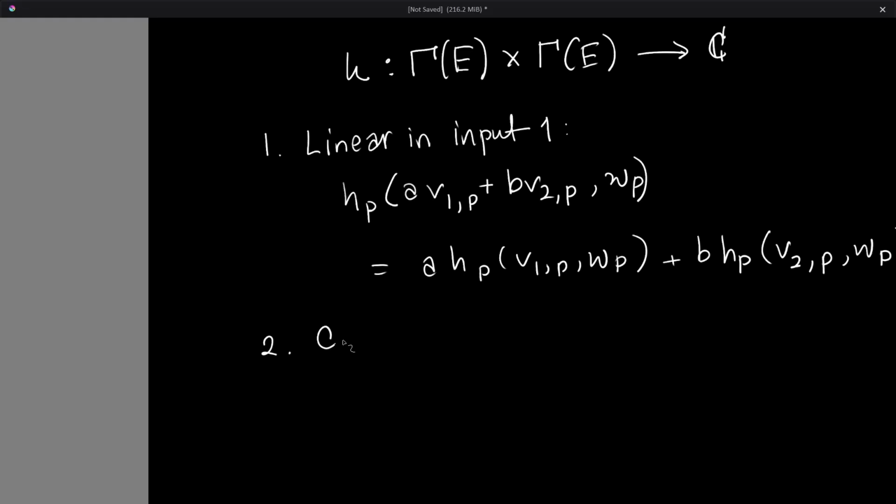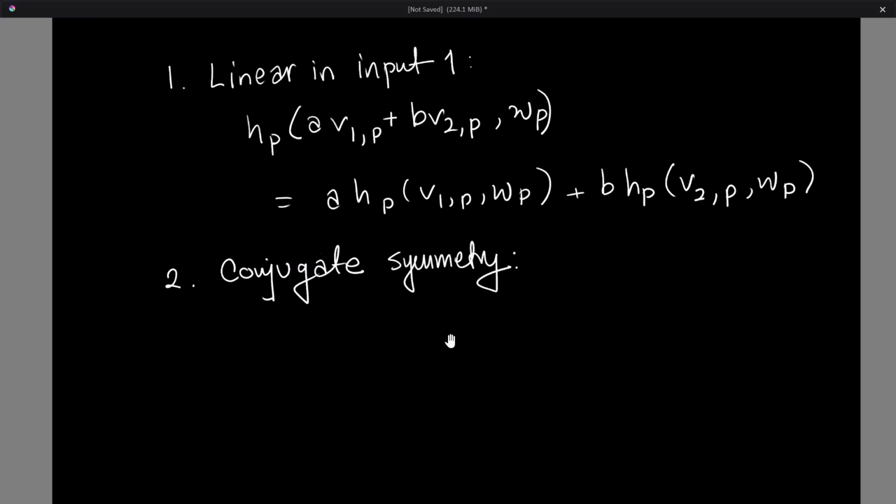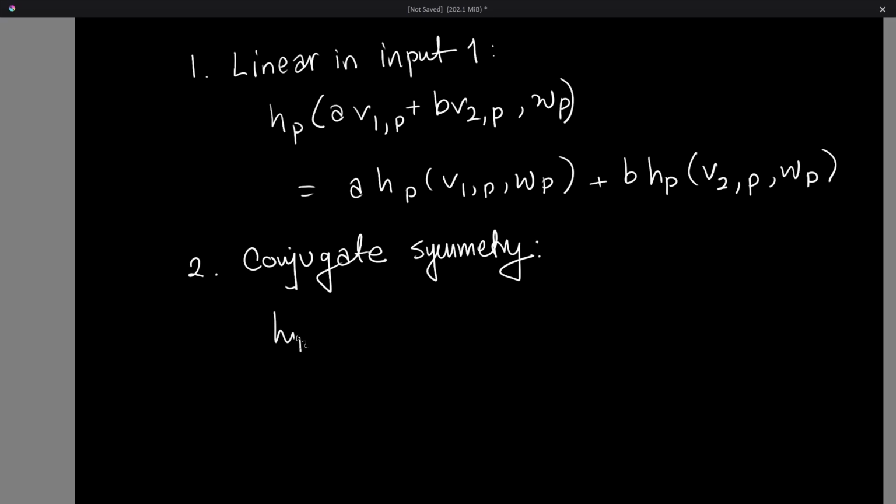And it has this conjugate symmetry. This is the analog of the symmetry that the Riemannian metric had.